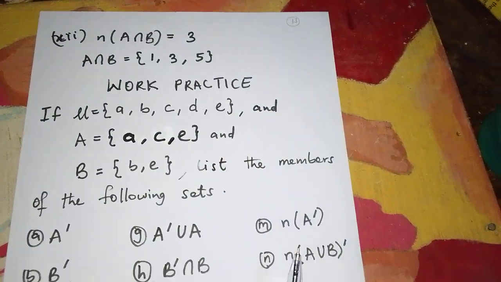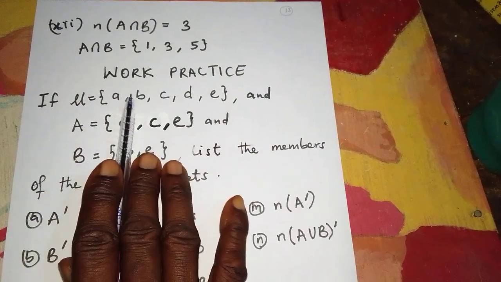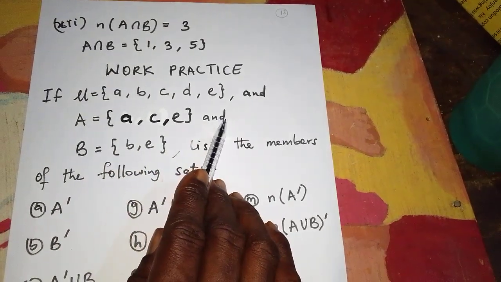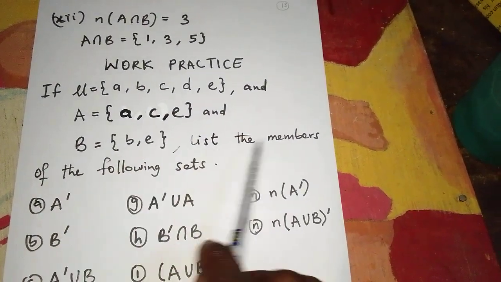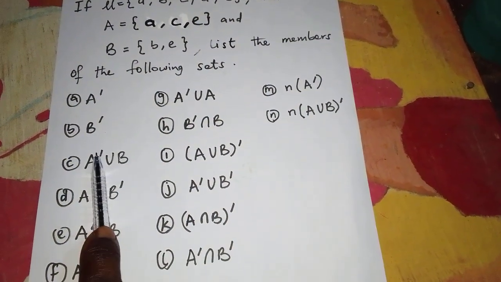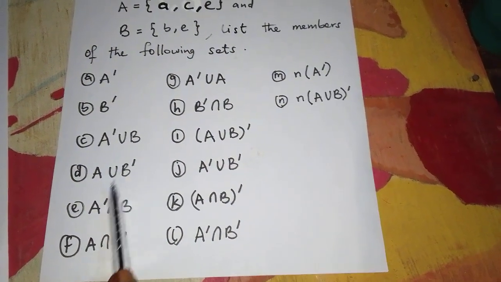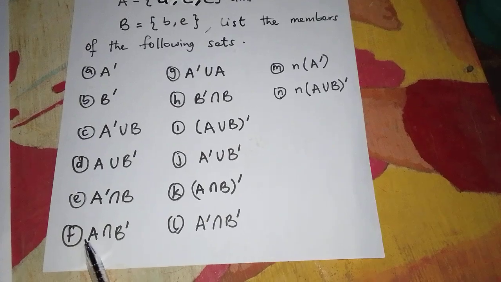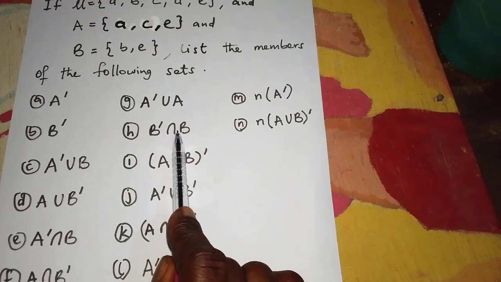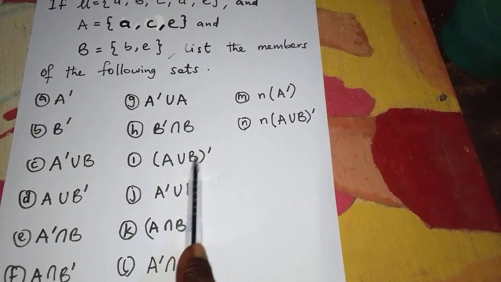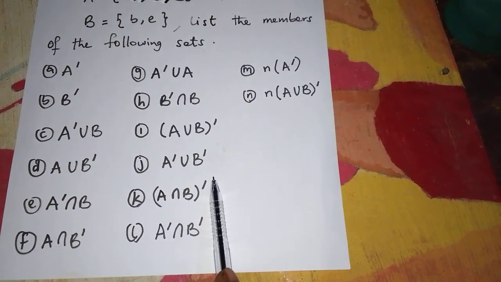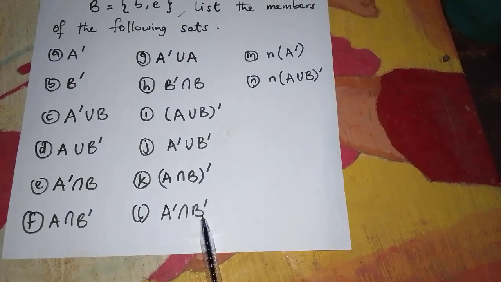So for the work practice, if in the universal set you have A, B, C, D, E, and in set A you have A, C, E, and set B you have B, E, list the members of the following sets: A complement, B complement, A complement union B, A union B complement, A complement intersection B, A intersection B complement, A complement union A, B complement intersection B, A union B complement, A complement union B complement, A intersection B complement, A complement intersection B complement.